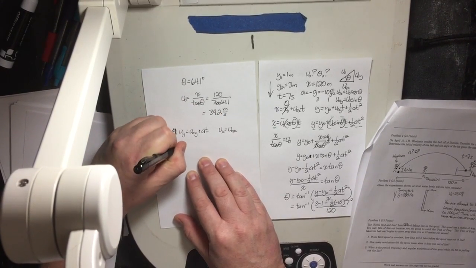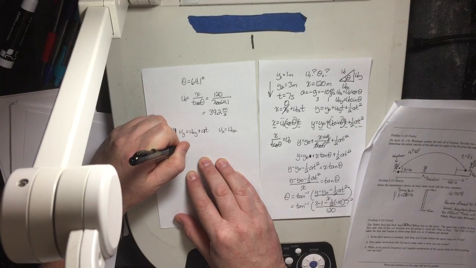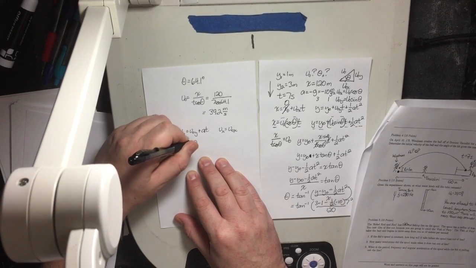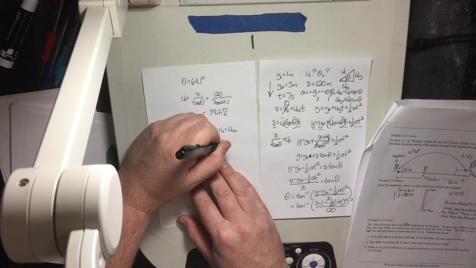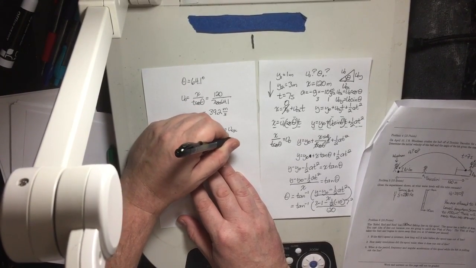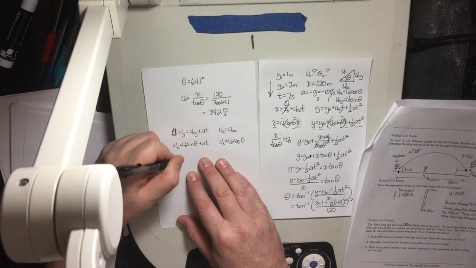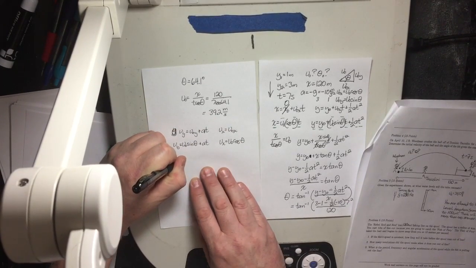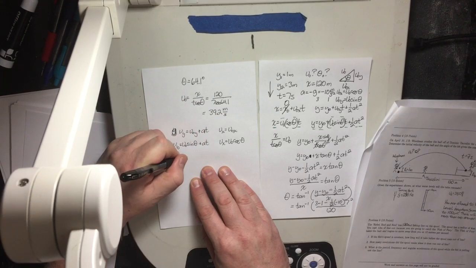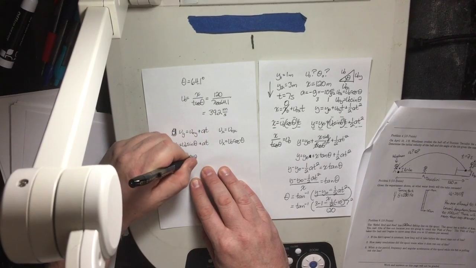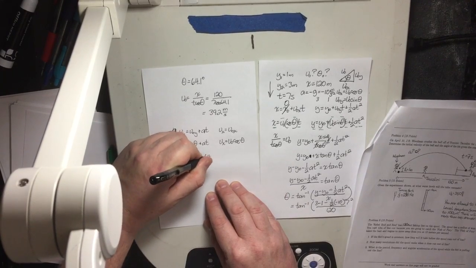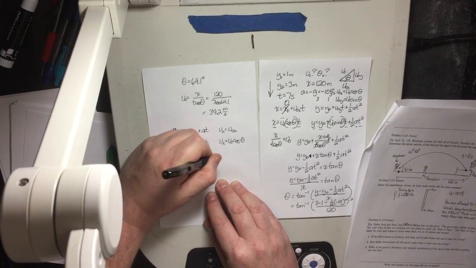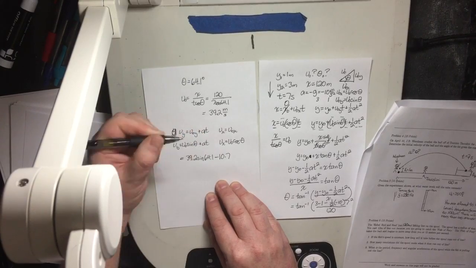Vy is V naught sine theta plus AT. Vx is V naught cosine theta. V naught is 39.2. Sine of 64.1 minus 10 times 7.